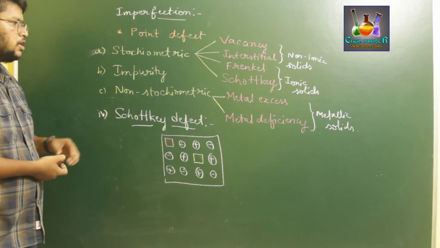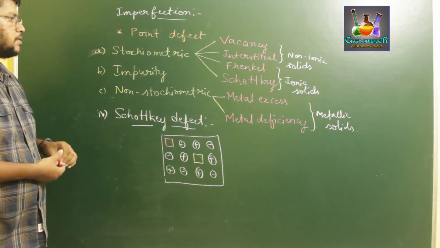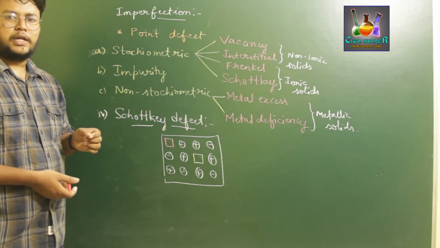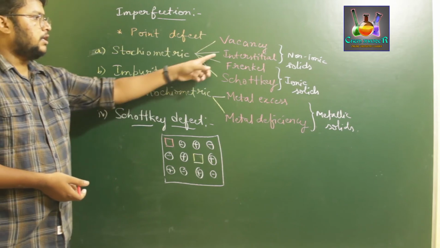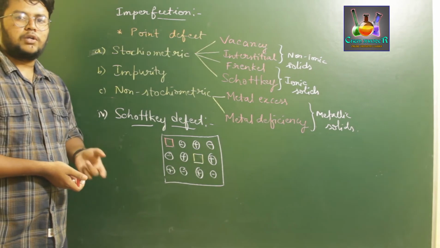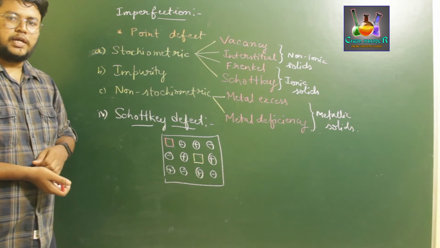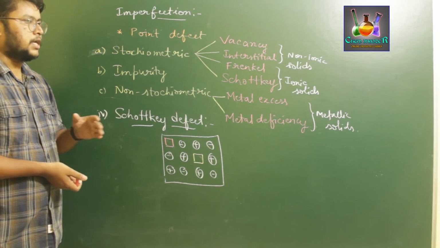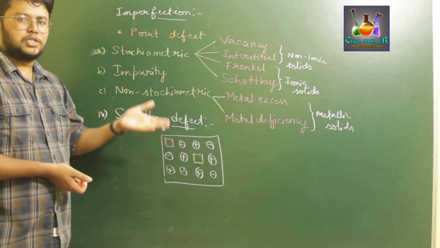So this is about the Schottky defect and the whole stoichiometric defect. So we have 4 types of stoichiometric defect. Vacancy defect, that is a non-ionic solid has lost a particle creating a vacancy in its original lattice site. Interstitial, if a non-ionic solid has an additional particle in its non-lattice site. Frenkel defect, if an ionic solid has not lost its ions, but has shifted an ion from its original site to an interstitial site.